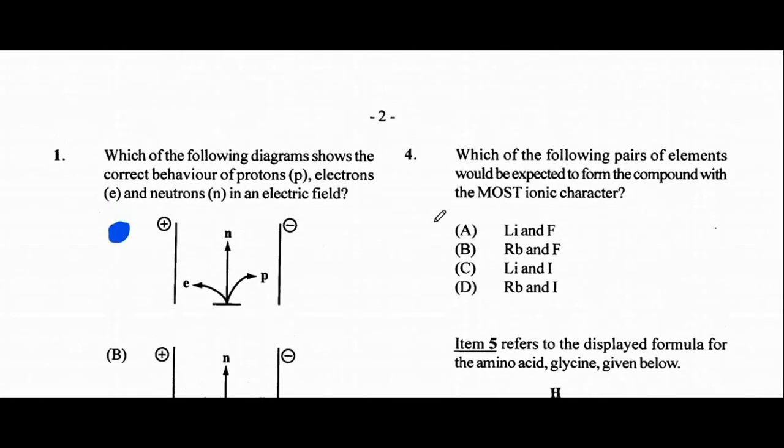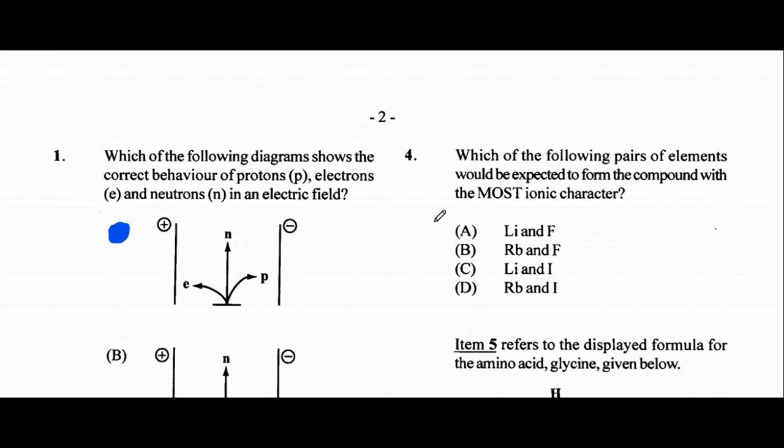Number 4. Which of the following pairs of elements would be expected to form the compound with the most ionic character? So that would be the most electronegative element on the periodic table, fluorine, and the least electronegative element there, right?